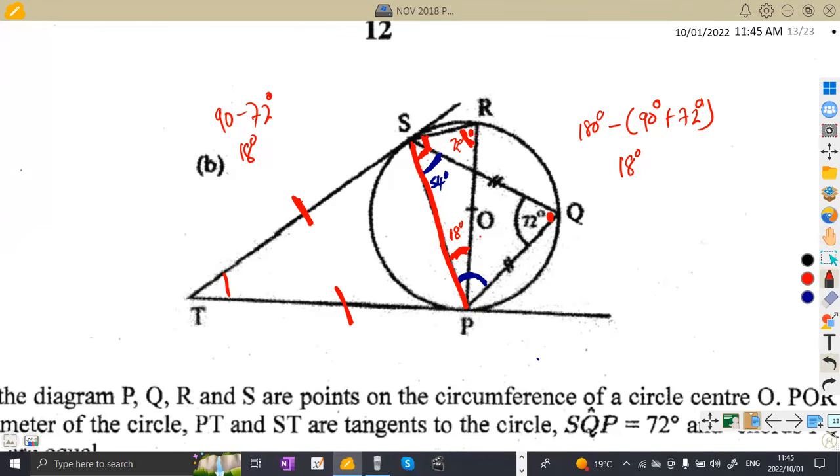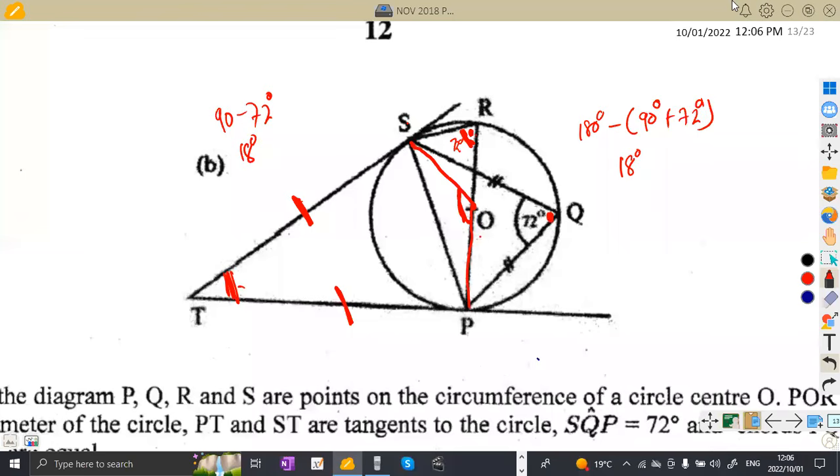But remember, guys, whenever you're dealing with two tangents from an external point of a circle, it follows that when you join S to the center, S to O, and then P to the center, these two angles, this angle O and this angle S, if you combine them, must give us 180 degrees. Sorry for this, guys. This is what I was trying to explain.